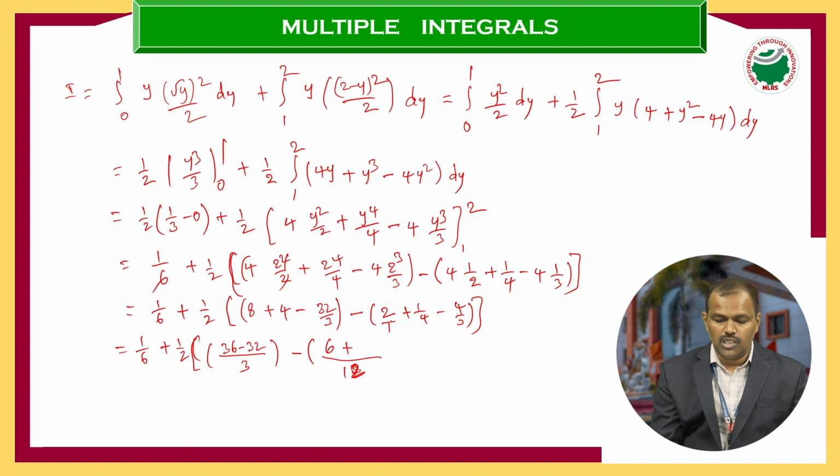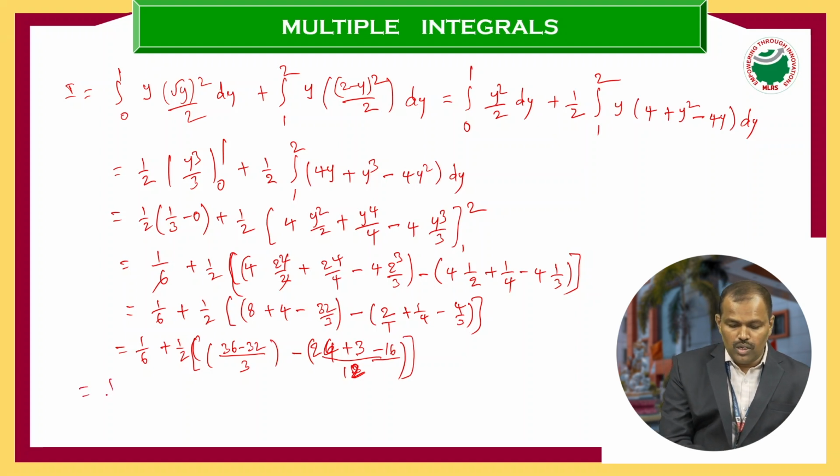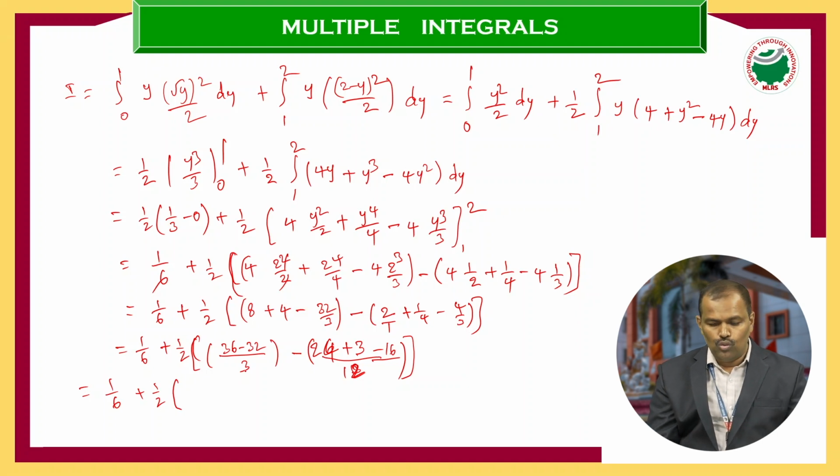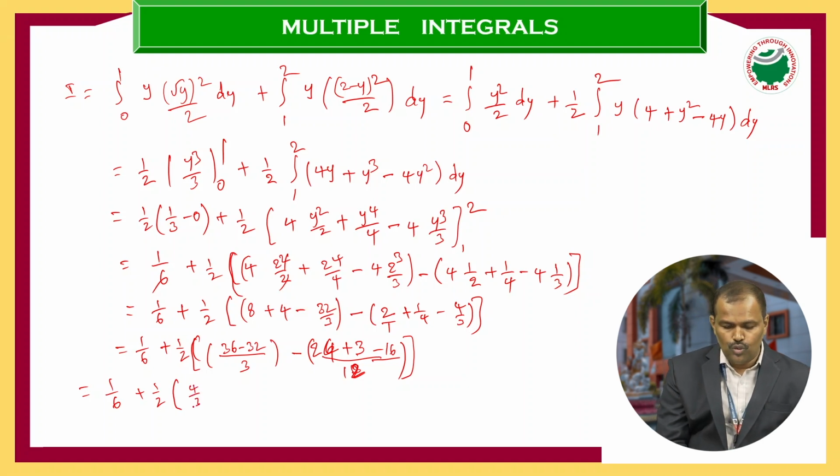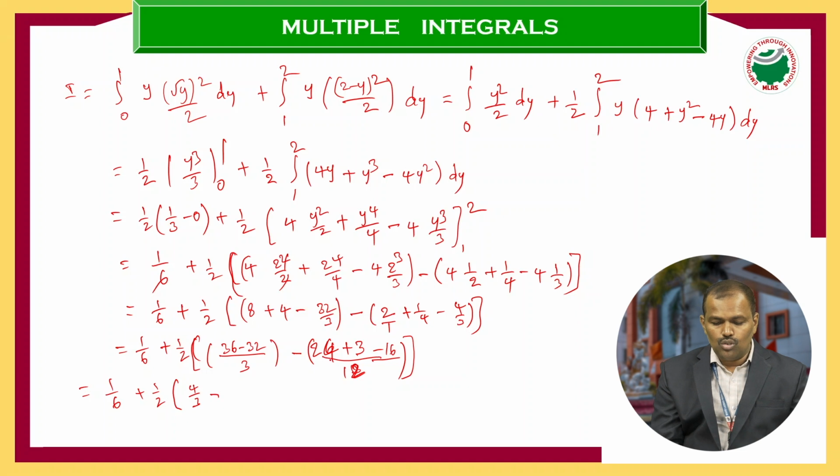So 12 LCM means 2 12s are 24 for the first term, and 3 times plus 3, and this is 4 times minus 16, 4 4s are 16. So the whole bracket: that is equal to 1 by 6 plus 1 by 2 into 36 minus 32, 4 by 3. This is the first term, 4 by 3, minus. So here 24 plus 3, 27, 27 minus 16. So that is equal to 11 by 12.